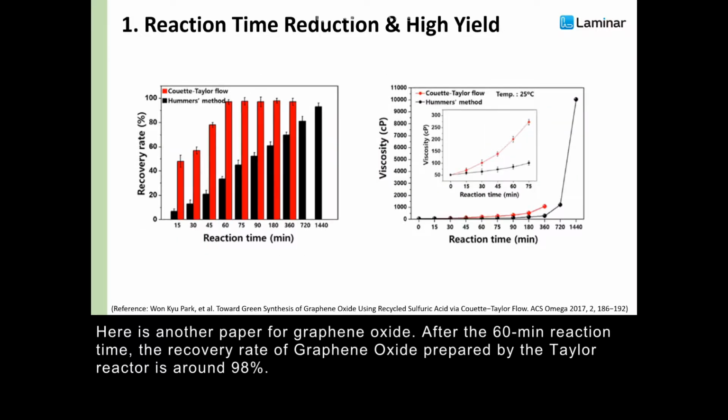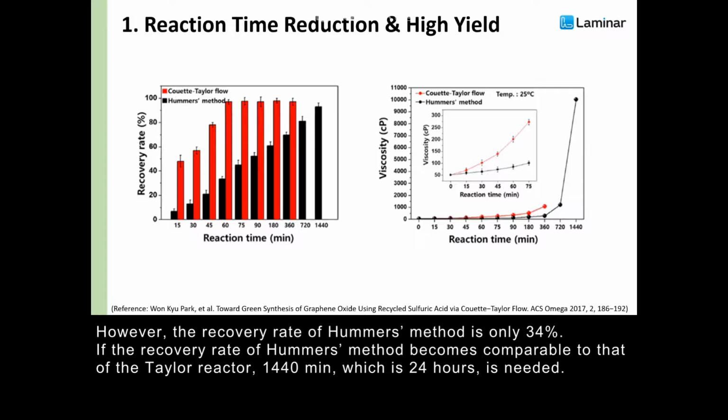Here is another paper for graphene oxide. After a 60-minute reaction time, the recovery rate of graphene oxide prepared by the Taylor reactor is around 98%. However, the recovery rate of the Hummers method is only 34%.